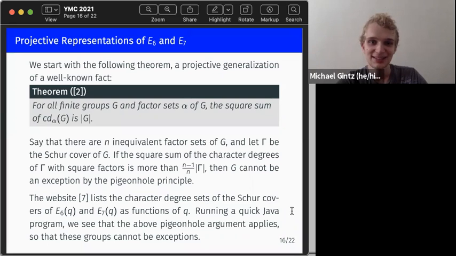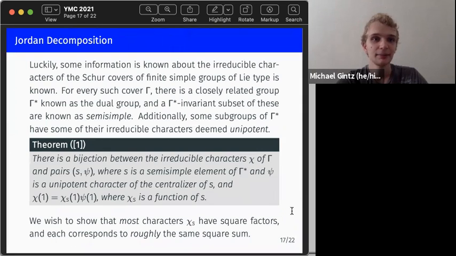And this is currently one of our most promising methods of attack for considering the classical groups and the other exceptional groups as well. In particular, we know some of the information about the irreducible characters of the Schur covers of other finite simple groups of Lie type. For every such cover, there's a closely related group known as the dual group.